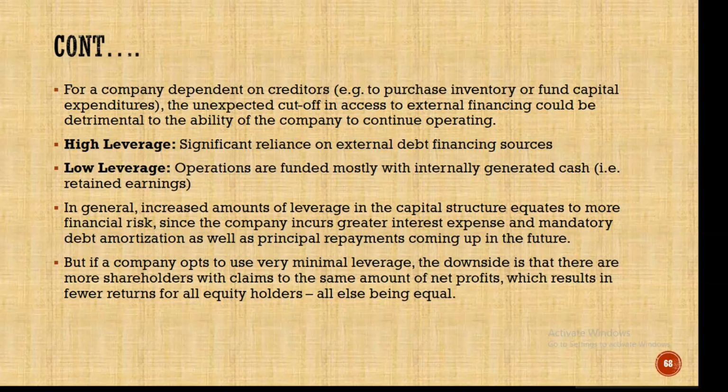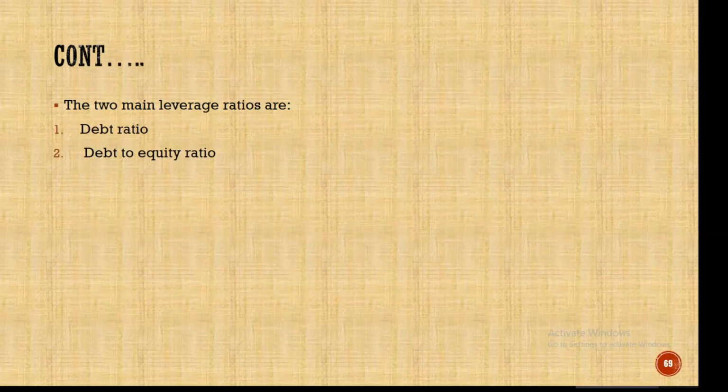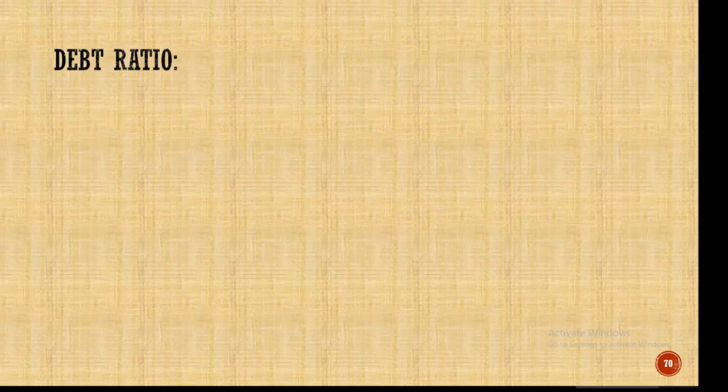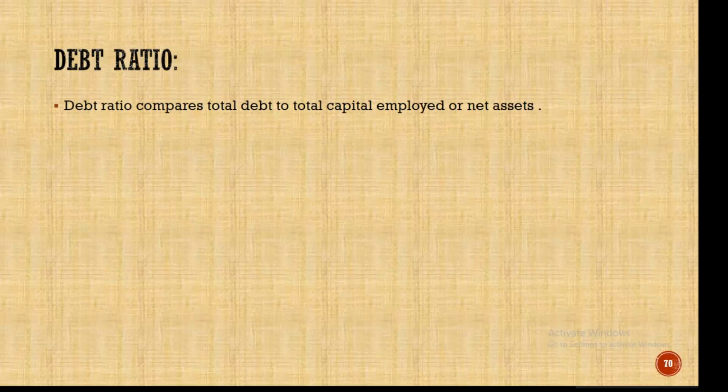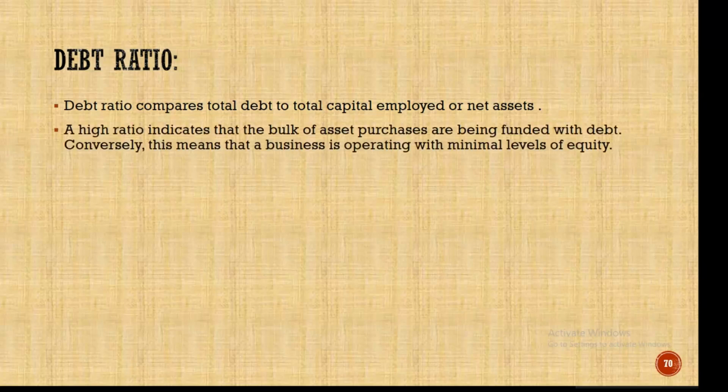Next, there are two important leverage ratios. First is the debt ratio, second is the debt equity ratio. First is the debt ratio. Debt ratio compares total debt to total capital employed or net assets.